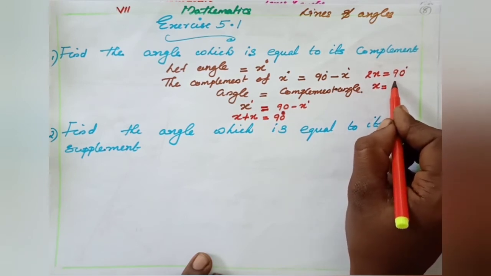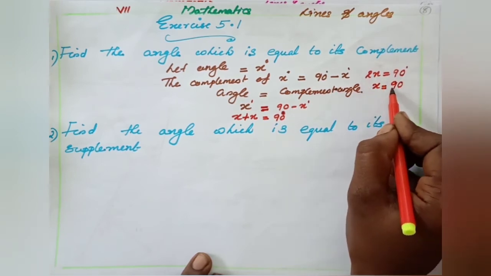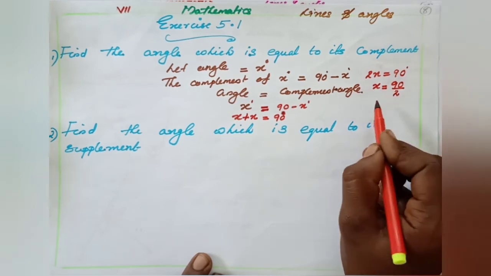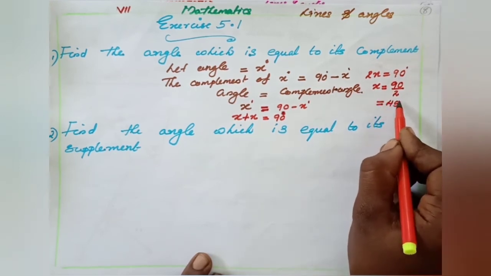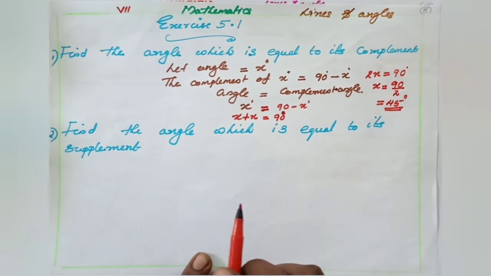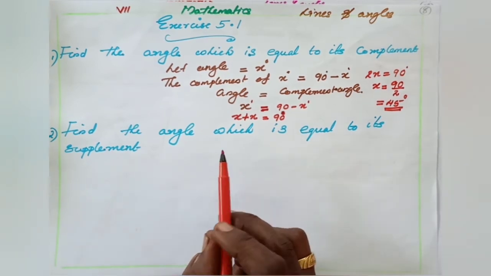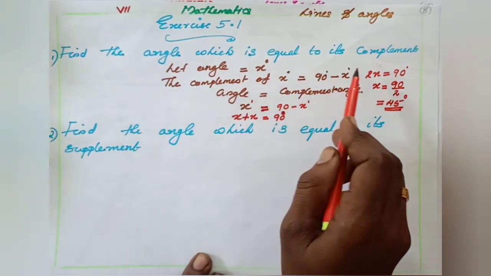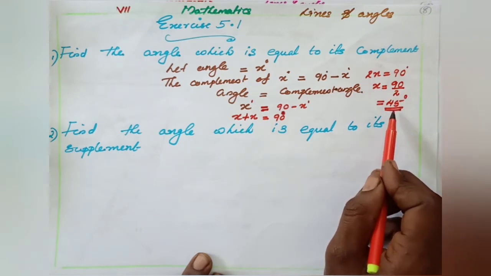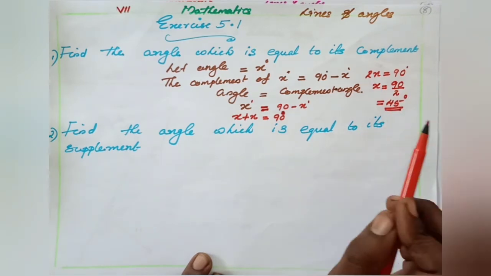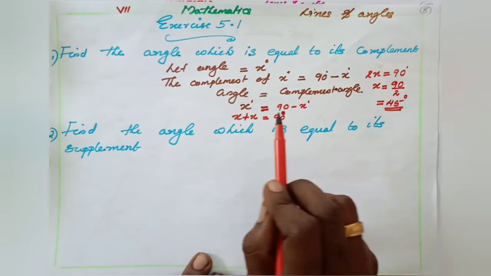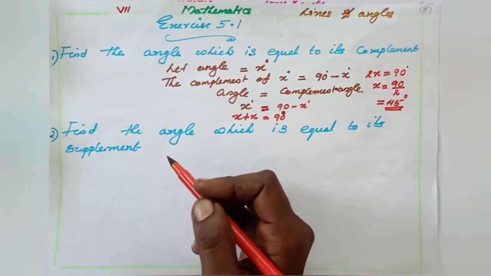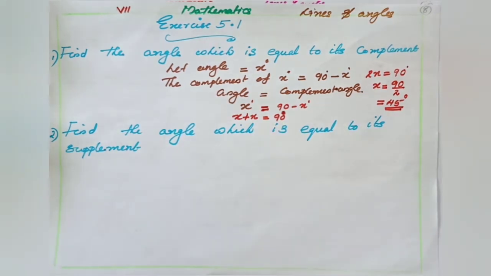So x equals 90 divided by 2, which is 45 degrees. So which angle is equal to its complement? 45 degrees. The other angle is also 45 degrees. So the pair is 45 degrees and 45 degrees.